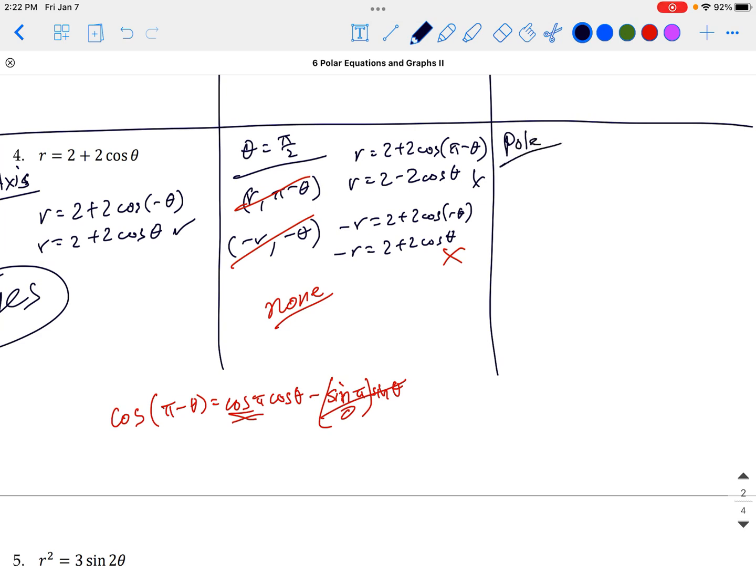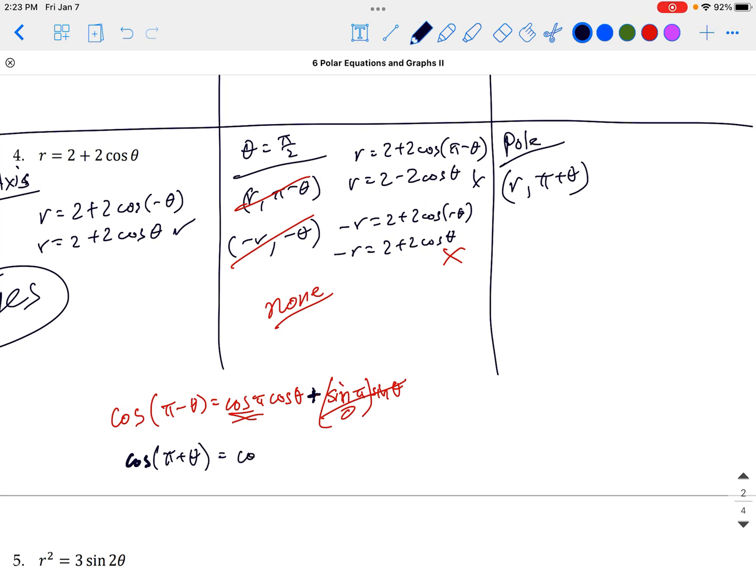And finally, symmetry about the pole. So that's going to be r, pi plus theta. Oh, sorry, this should be plus. And cosine of pi plus theta is actually the same as cosine of pi minus theta, because we get the same expression but with a plus instead of a minus.